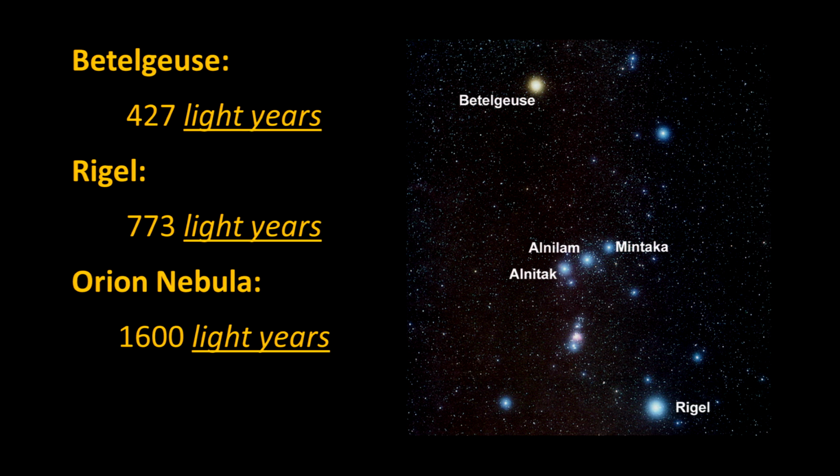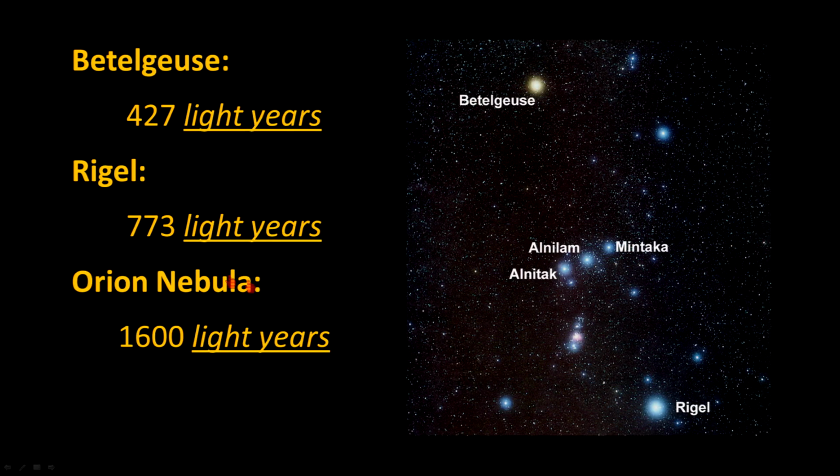If you want to know how far that is in miles, you would simply multiply 427 times 5.9 trillion miles. It's an enormous distance if we use the units of miles. So astronomers need a much bigger unit of distance, and it's a lot easier to say 427 light years than to refer to the trillions of miles between one object and another.